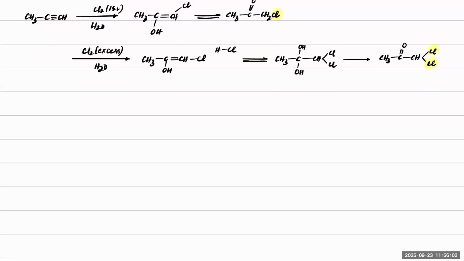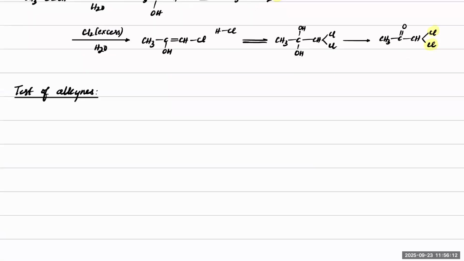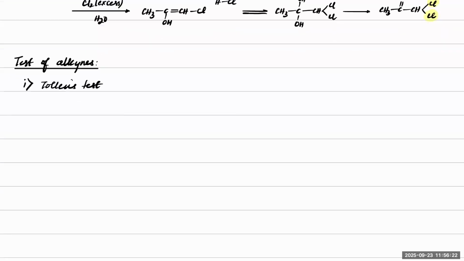Got it? Next, what are the tests of alkynes? Alkynes mainly have two tests. One is Tollens test. We use the word silver mirror test, but this is not a silver mirror test; it is just a Tollens test. The reagent used here is silver nitrate in the presence of NH4OH.